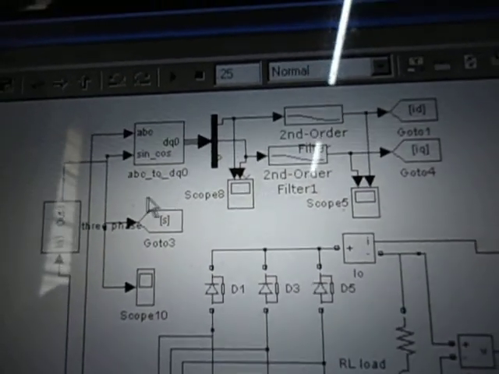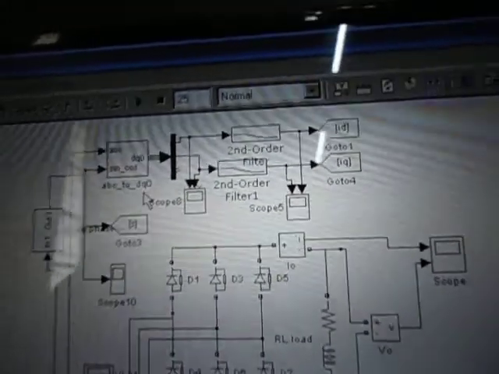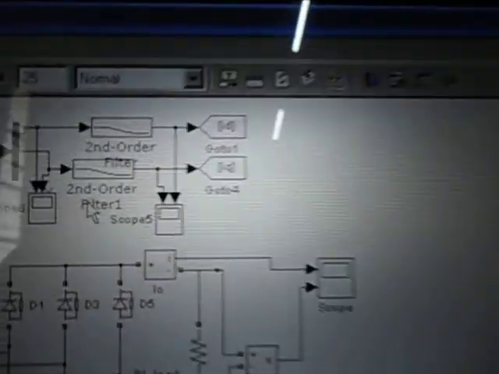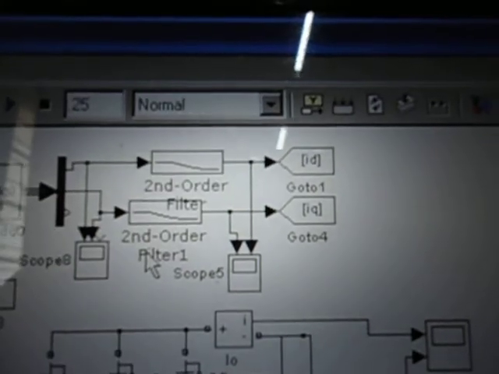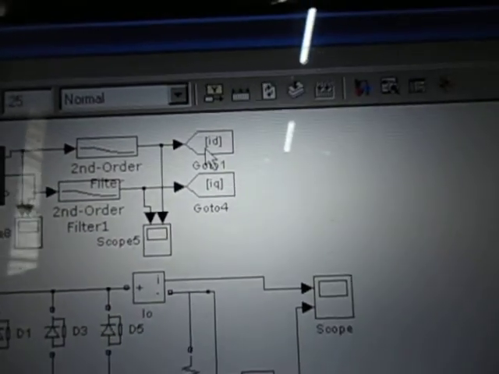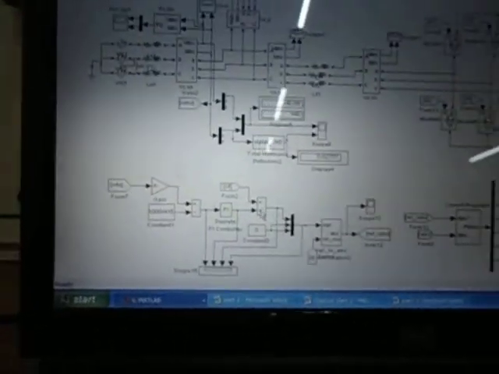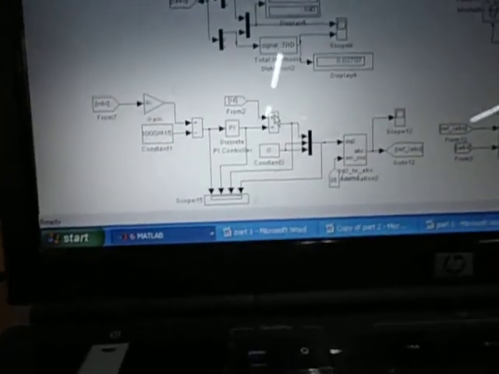The output of this block will be Id and Iq, and these Id and Iq are fed to a low pass filter with 10 Hz frequency, and we get the filtered Id and Iq.